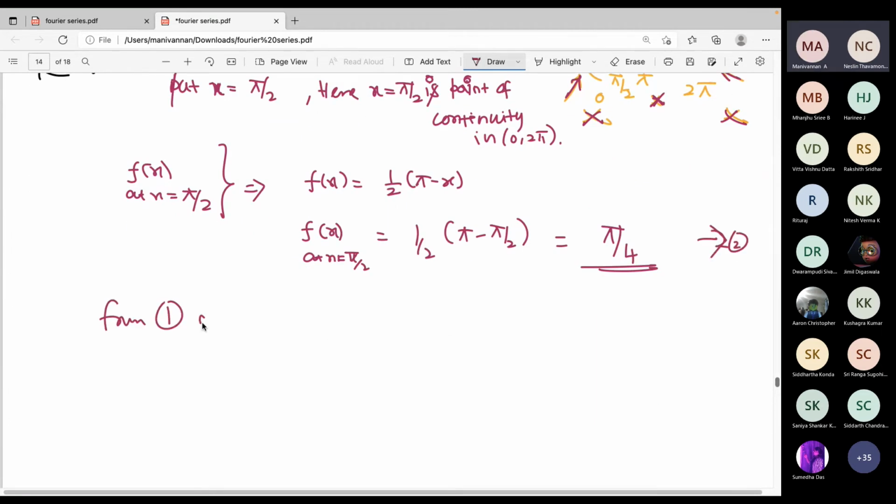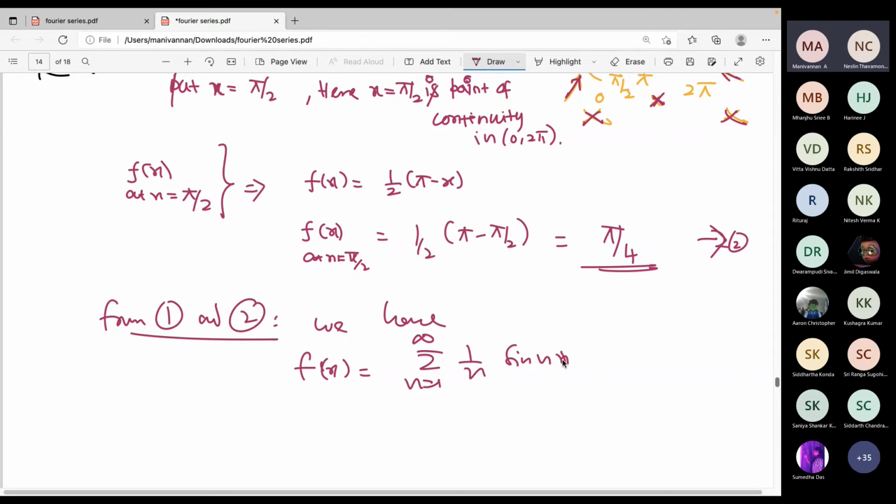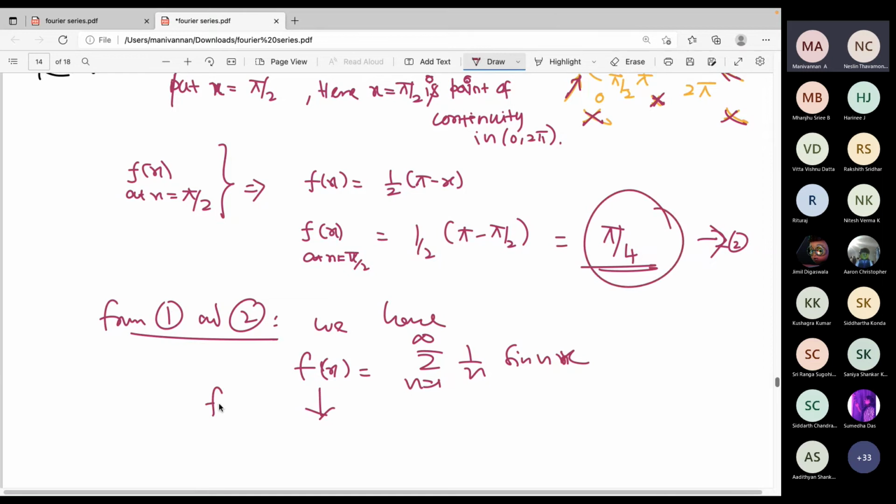From 1 and 2, we have f of x is sigma 1 by n sine nx, where n from 1 to infinity, and this we computed as pi by 4. You got the point?